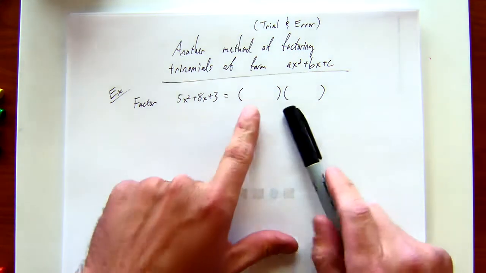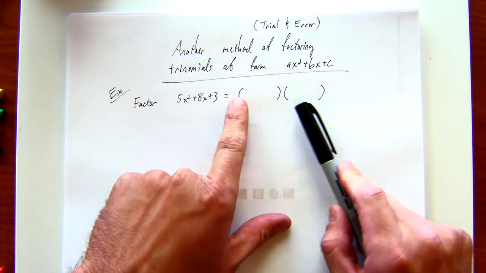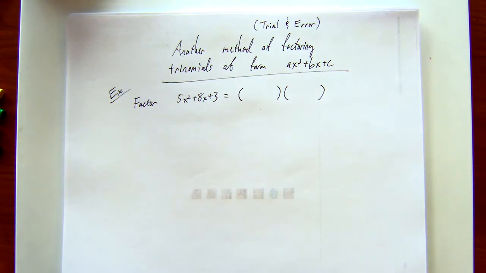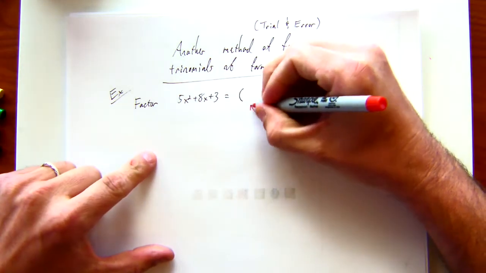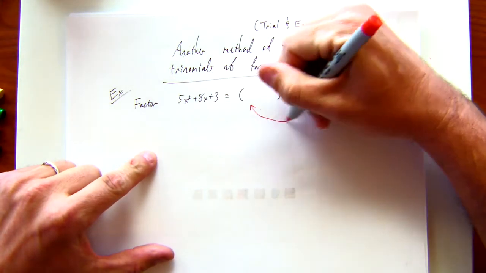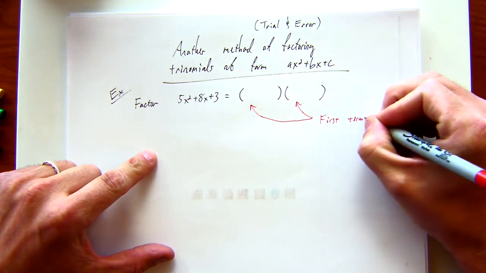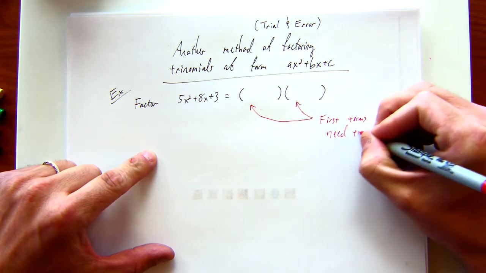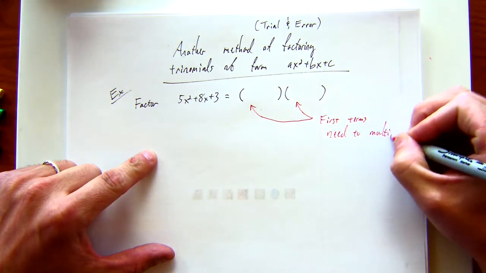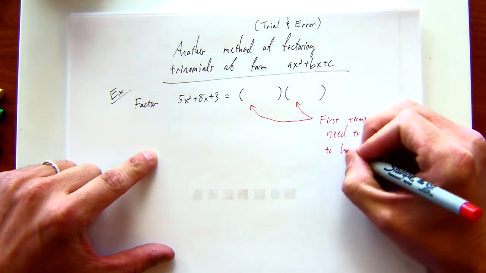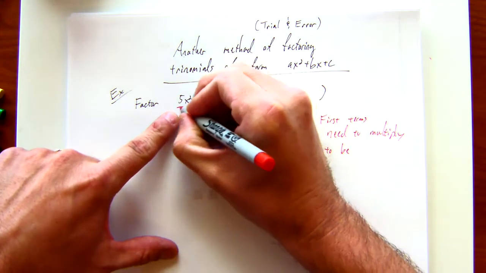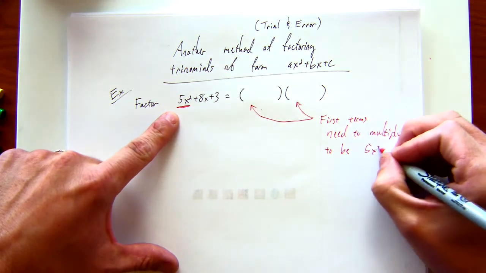So we know that this is going to be two binomials. Now the first terms of the binomials need to multiply to be what? Good. They need to multiply to be 5x squared.